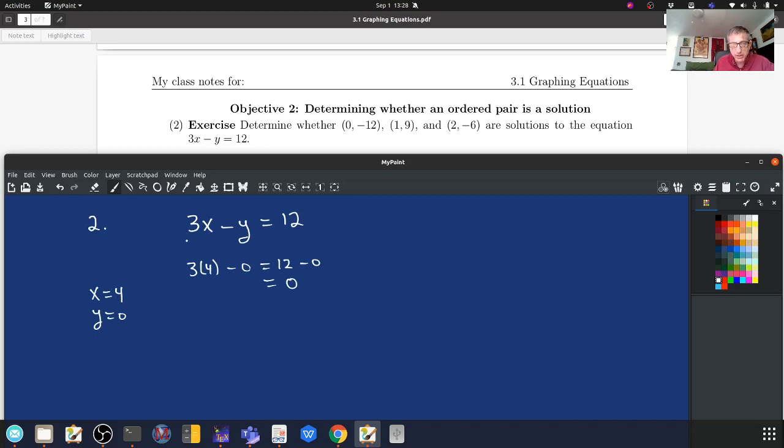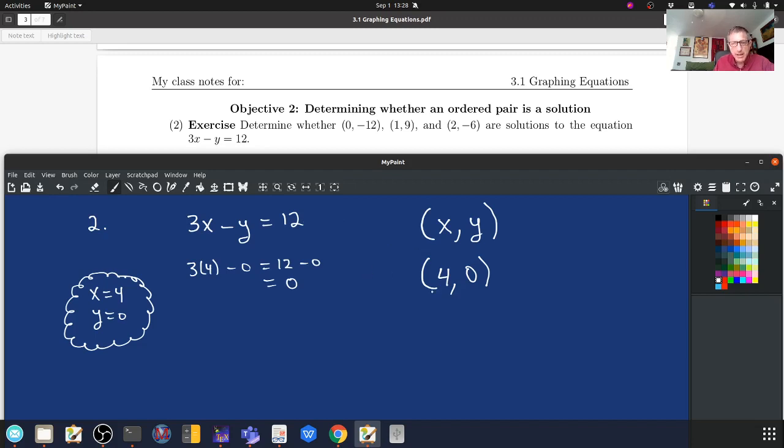So when x is equal to 4 and y is equal to 0, then those values are a solution to this particular linear equation. But isn't there a better way to manifest this information? Sure. I have an ordered pair whose first address is x and the second address is y. So the ordered pair where x is equal to 4 and y is equal to 0 satisfies this equation.